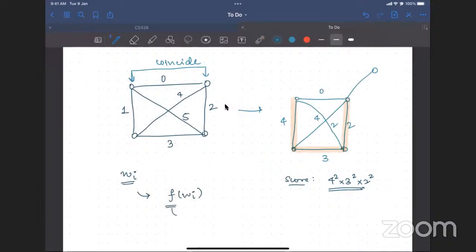So this F can be sum or even product. In a sense, it is saying that if you run Prim's or Kruskal's algorithm and you're trying to minimize the sum of weights, it will give you the same result as trying to minimize the product of weights if the weights are non-negative.